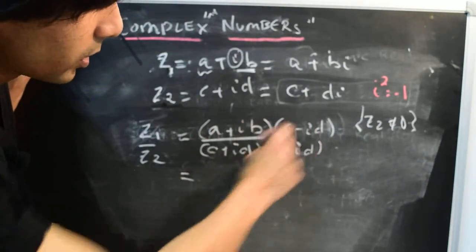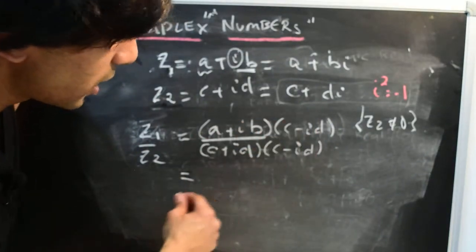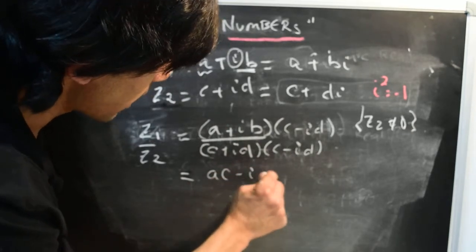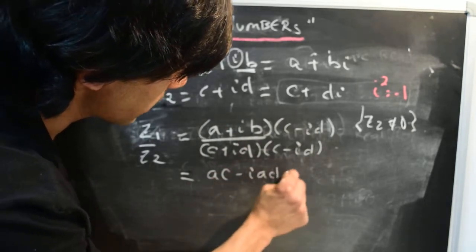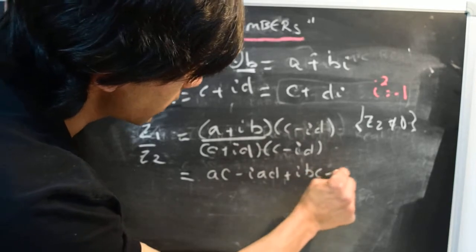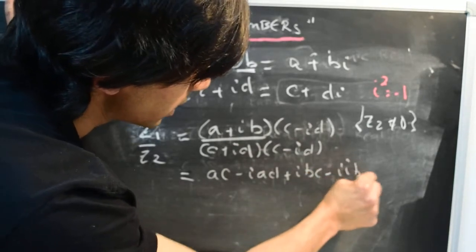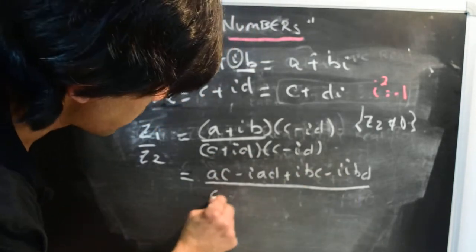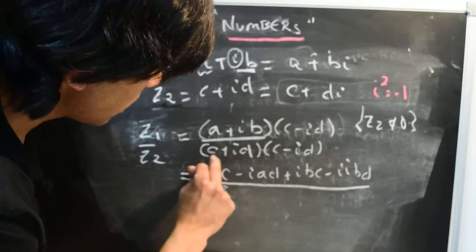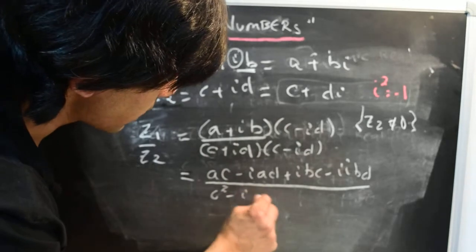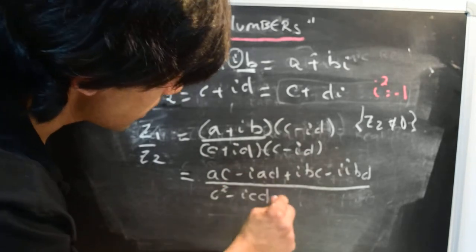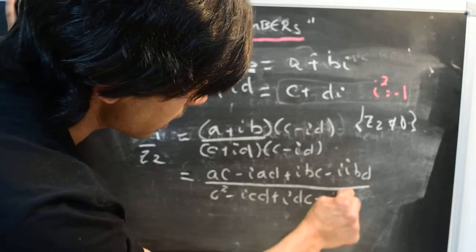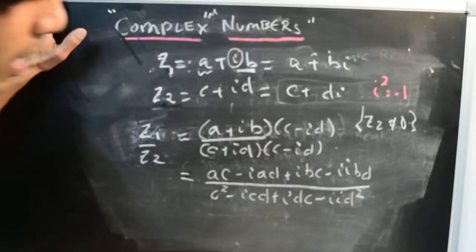So again, we can carry out the product in the numerator and the denominator. In the numerator, we'll find this is ac minus i times ad plus i times bc minus i squared times bd. And in the denominator, we have c times c, which is c squared, minus i times c times d plus i times d times c minus i squared times d squared.